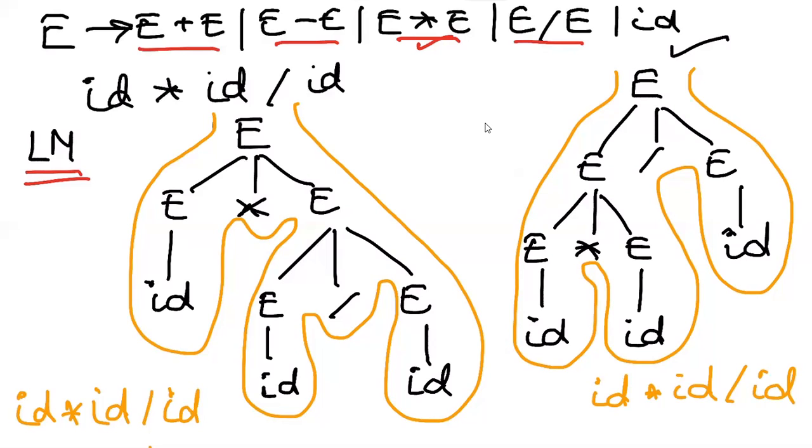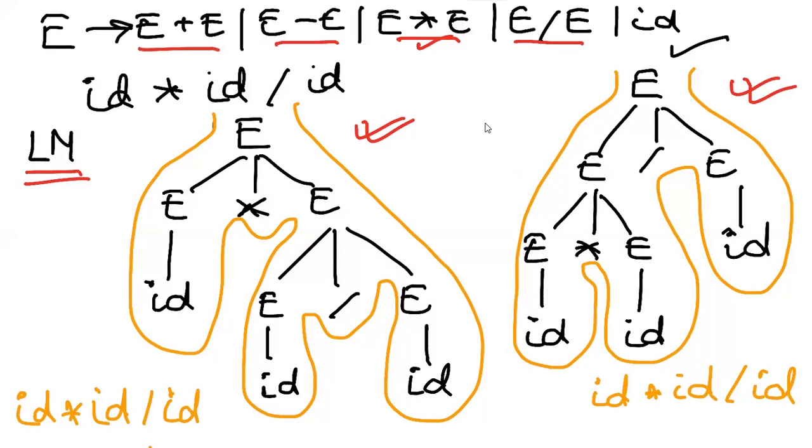But in this case, I'm getting two different parse trees for the same expression, for the same string. So in that case, if I design a parser for this grammar, then my output may differ. I may get either this first parse tree, or I may get this second parse tree. So now, which one would be the correct one?